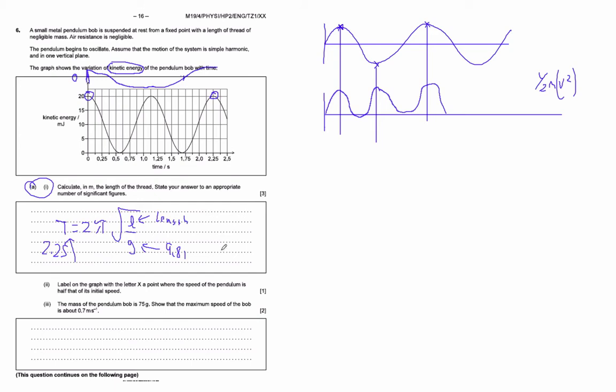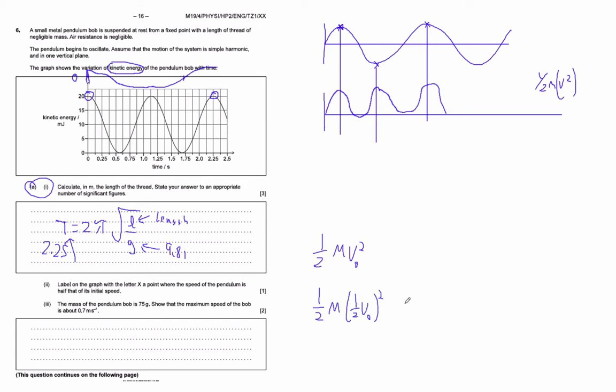All right, so label on the graph the letter X at a point where the speed of the pendulum is half its initial speed. Whew, that's crazy. Well, what does that mean? If it's half the original speed, then 1/2 mv squared is our kinetic energy, at 1/2 m times 1/2 that velocity squared.